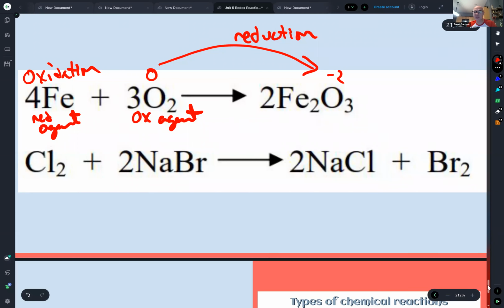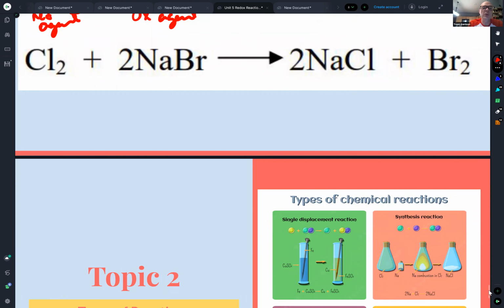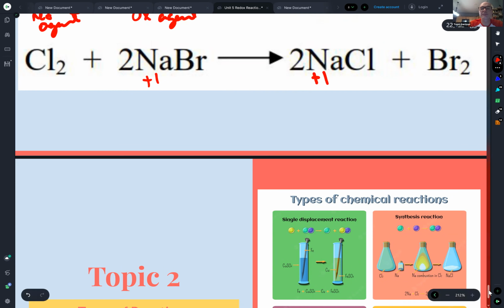There are 3 options, so this one's a little bit more challenging. We have a rule that says that sodium is always +1. So we know it is not going through oxidation or reduction. I look at the chlorine, it starts at 0 because it's an element by itself. The bromine ends with 0 because it's an element by itself. The chlorine ends with a -1.